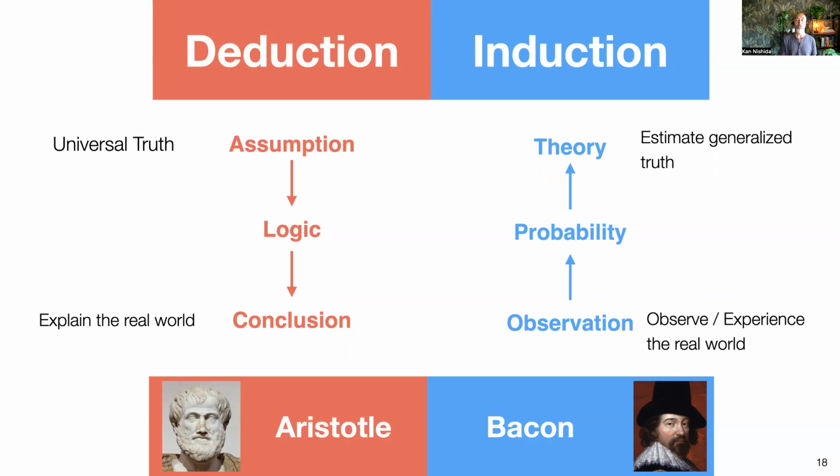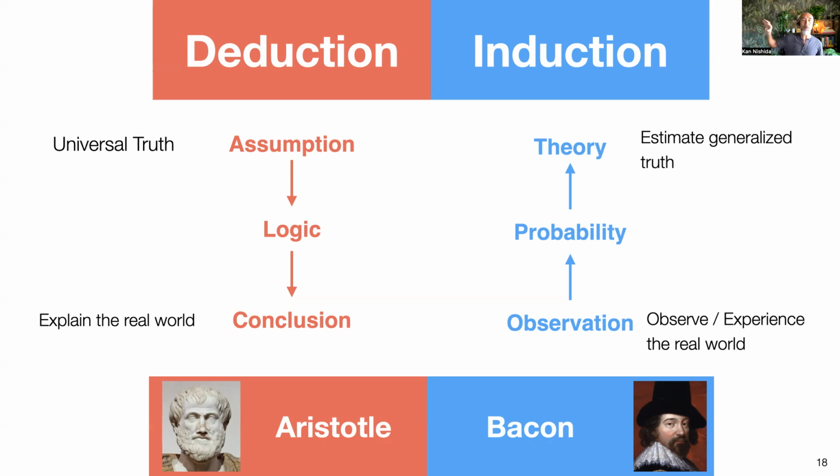That's deduction. On the right-hand side, induction is where you don't start from something for sure, something like a universal truth. Instead, you start from the real world. You observe first. And then based on the observation, you use probability and estimate a theory that can be applied in a generic world, or a generalized truth.